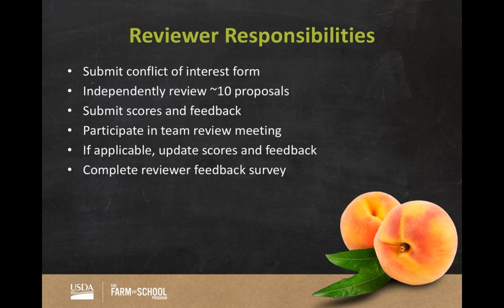After that conversation, if applicable, if your scores or your feedback have changed, you then would update your scores and your feedback. And then finally, we would ask that you complete the reviewer feedback survey, which is helpful for us so that we know for future cycles what worked during the review cycle, what didn't work so well, and we're able to tweak the way that we organize the reviewer activities.